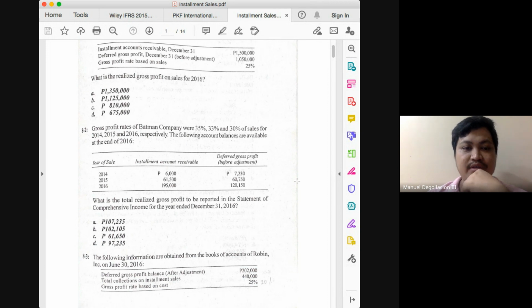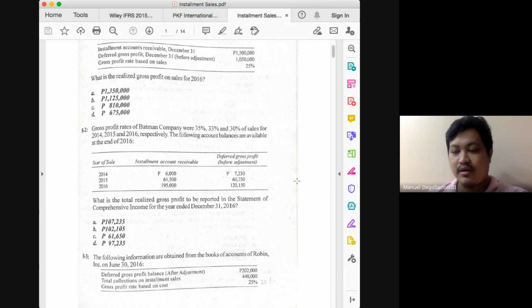And this amount should be the adjusted or ending balance of your DGP. So that means if your DGP before adjustment is 60,750 and then your DGP end must be 20,295, then your realized gross profit in 2016 for your 2015 transaction should be 40,455.